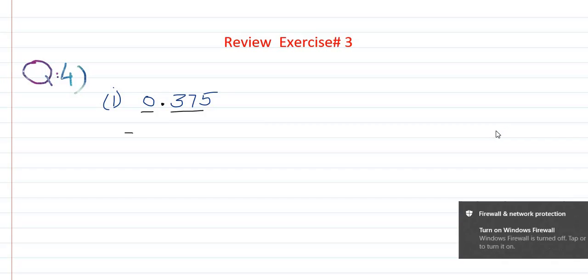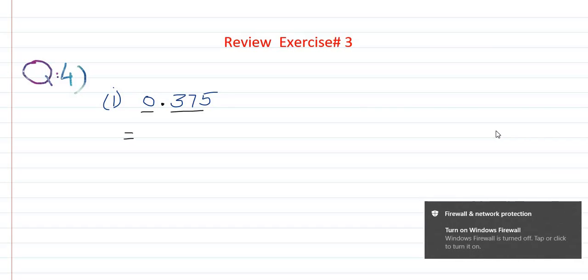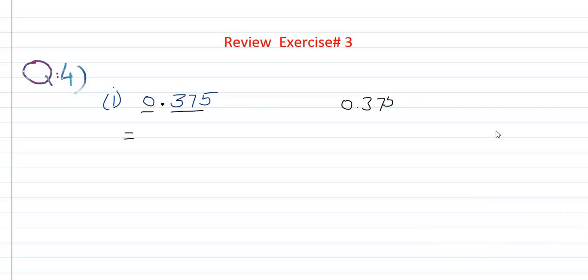I write the answer here, but first of all, I solve it. 0.375 divided by, we place 1 just below this point and then write 0s. How many zeros? How many digits are on the right side of this point? As there are 3 digits on the right side of the point, I place 3 zeros like this.